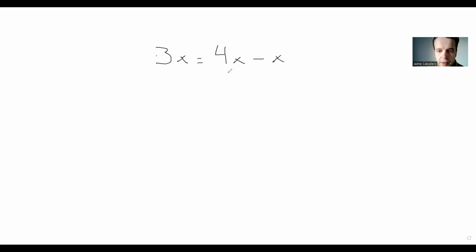Okay, let's break this up. We just said before that 4x is equivalent to adding it 4 times: x plus x plus x plus x. What are we doing after multiplying x by 4? We're subtracting 1 x.